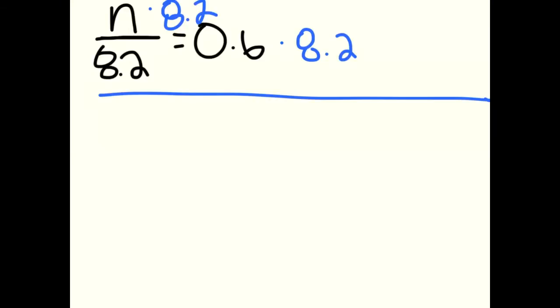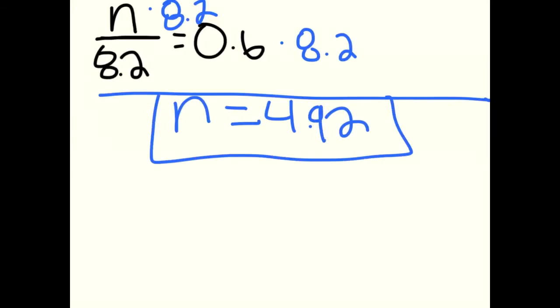So 0.6 times 8.2 is 4.92. So n equals 4.92. And that's how you do it.